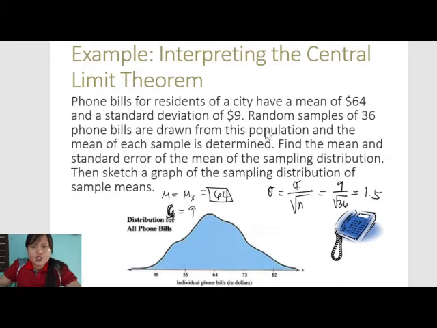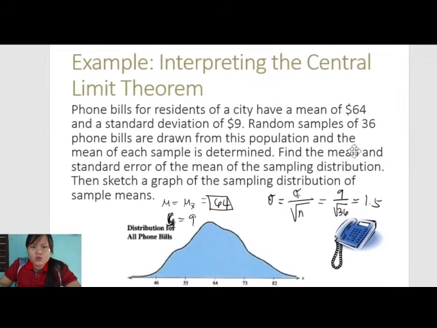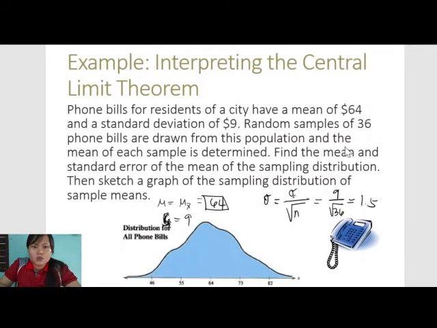And then, let's try to graph. Since the standard deviation is relatively small, the mean is 64, so we put 64 in the center.